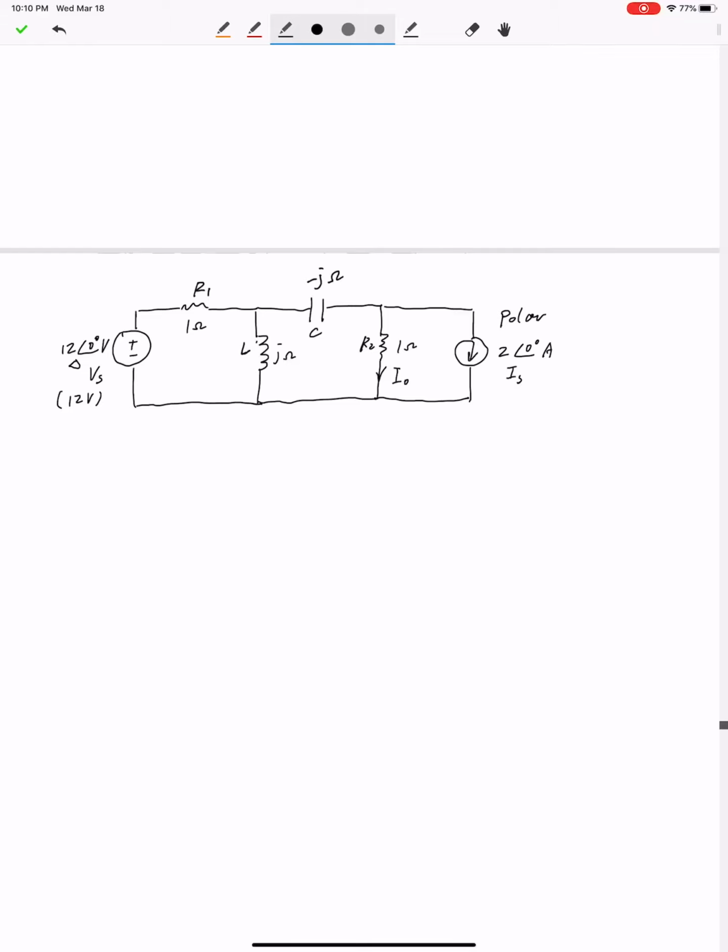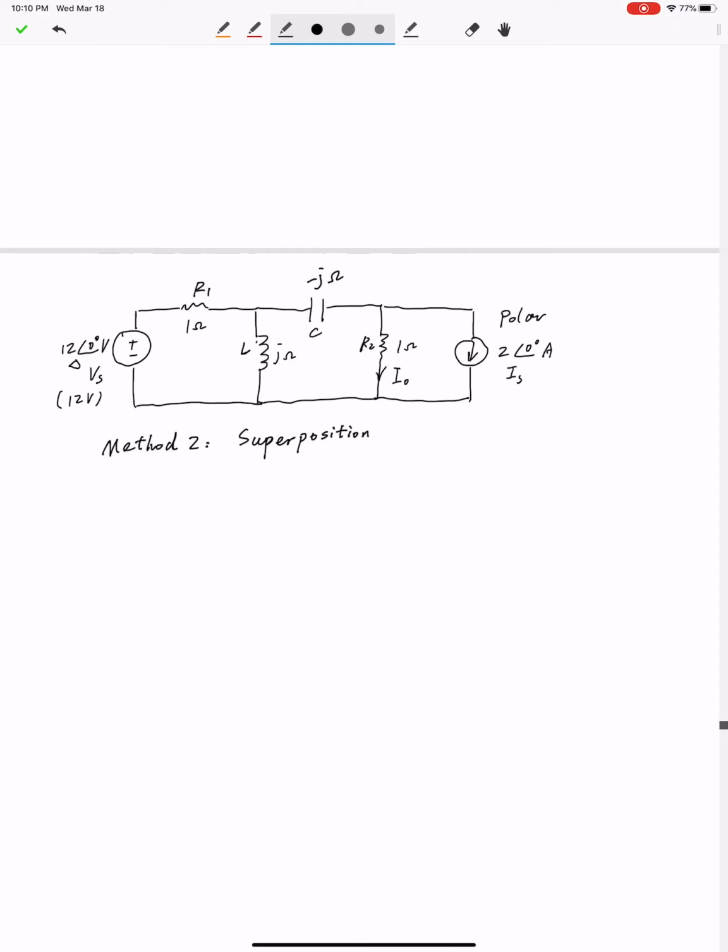Alright, so the second method is we can also solve this problem by using superposition. Because in this circuit, as you can see, there are two sources. One is a voltage source, the other one is a current source. So in the superposition method, we can keep only one source at one time and make all other sources zero.